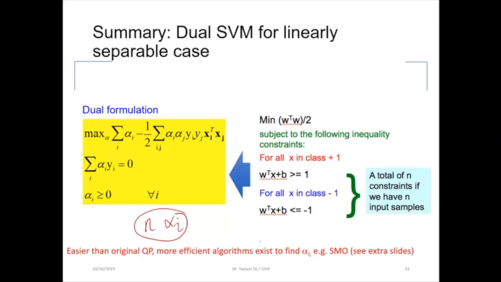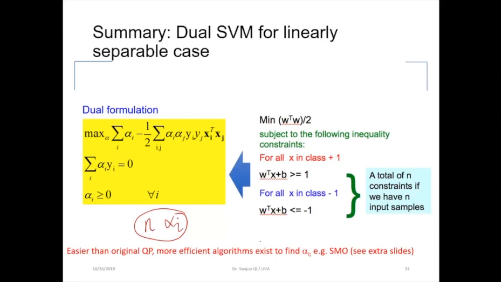So now let's recap. This is in the primal space what our hard SVM looks like, and this is in the dual space what our SVM looks like. So here you have W and B, and you have N constraints. Here you look for N different parameters.